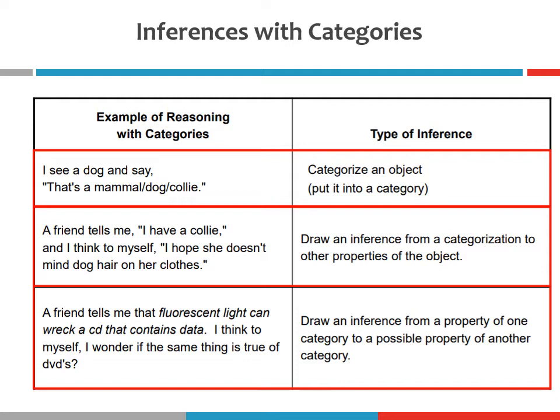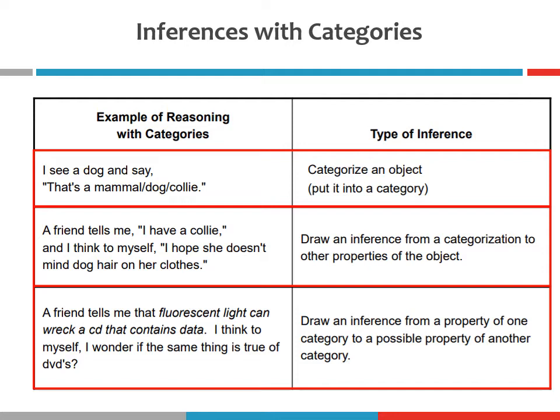And you can even draw an inference based on a single property of a category to a possible property of another category, right? So if a friend tells you that fluorescent lights can damage a CD, not that many of us use those anymore, but it can. If you hold a compact disc under a fluorescent light, particularly one that contains data, you might very well lose that data as a result of damage to the disk.